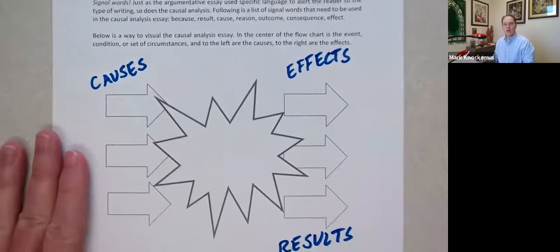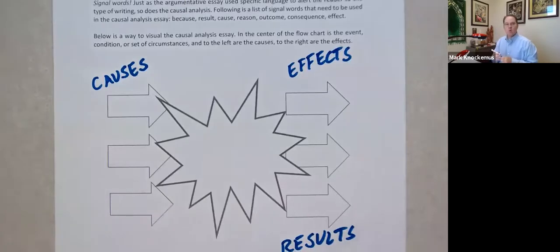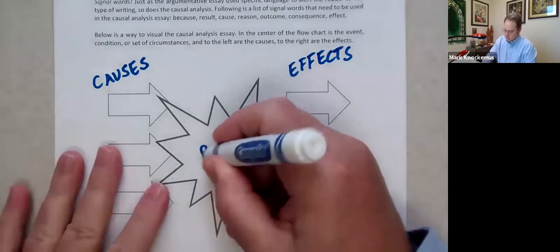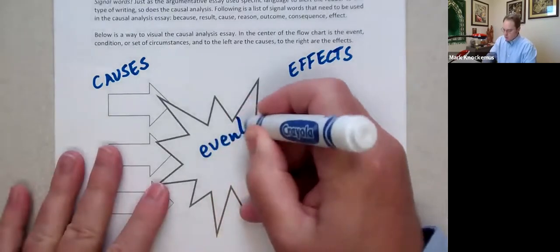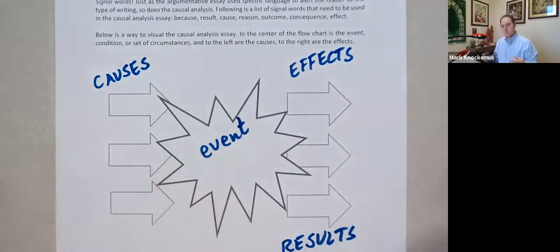So this is a good way to picture what's going on with the causal analysis. All right, so this would be our event, condition, set of circumstances.